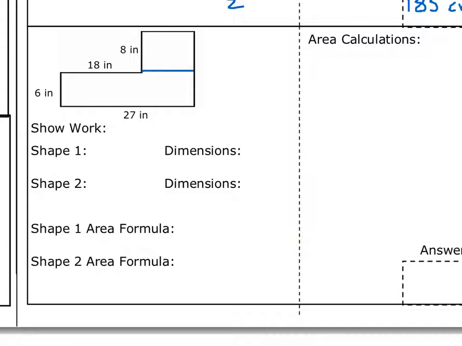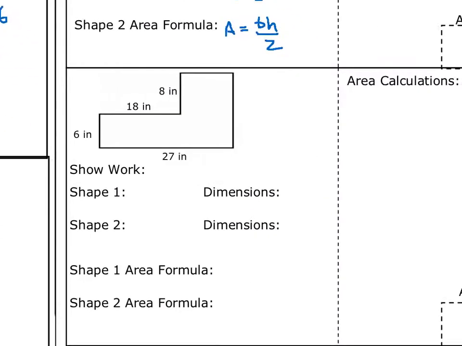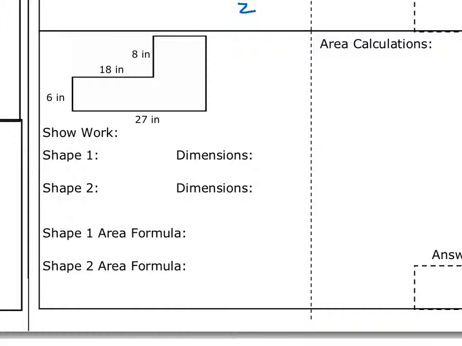This way, the way I think about it is I look at this and I see if I cut it this way, I need the length and width, which are both given to me, and I need the length and width. Only one of those two is given to me. If I come back through and I cut it this way, I look at the two rectangles that I need.